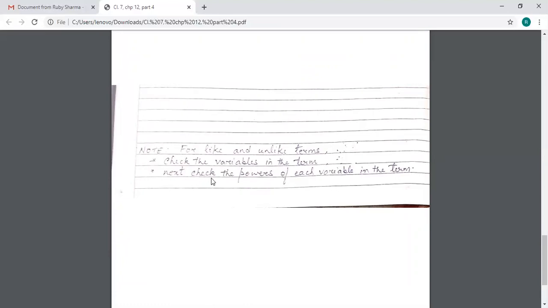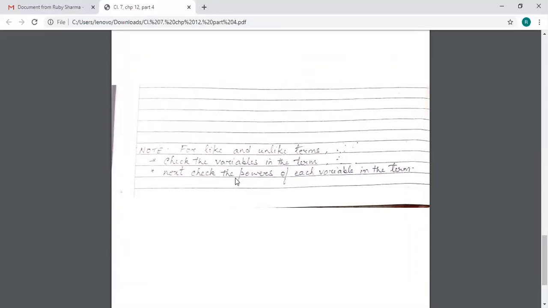And then next you check the powers of each variable in the term. Let's suppose there are two terms, 4x and minus 2x squared. So it won't be like terms because one is x squared. X is x to the power of 1 and x squared is x to the power of 2.